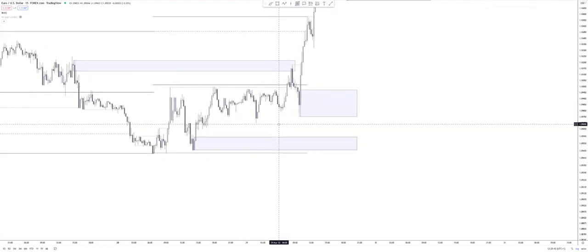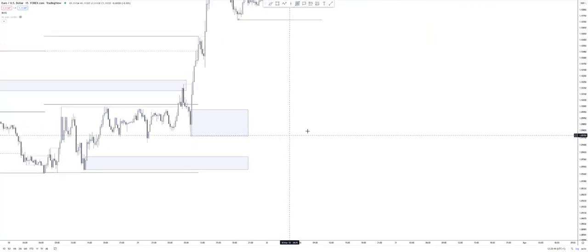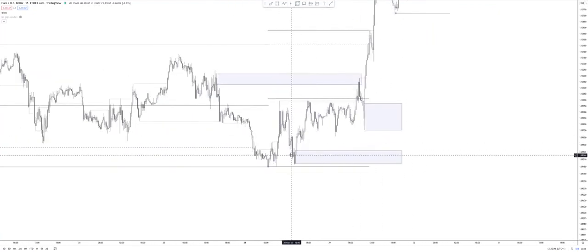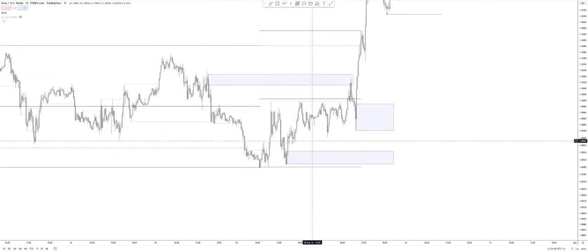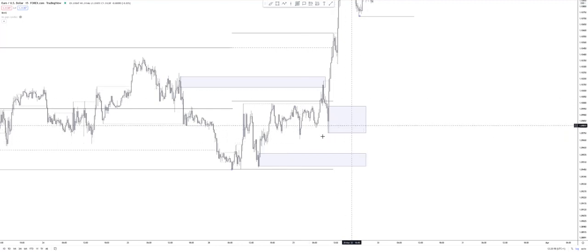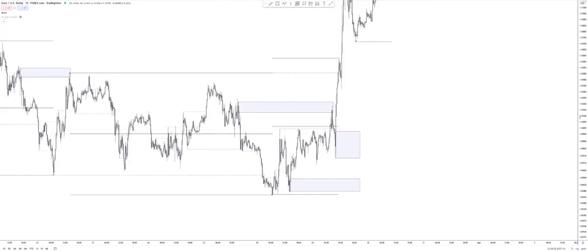So if we take into account everything, we could very well see price come back down to this zone at some point.